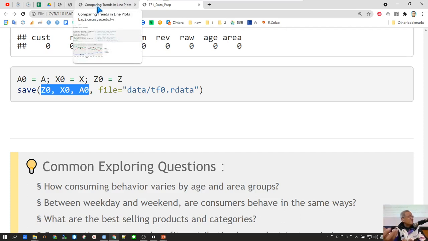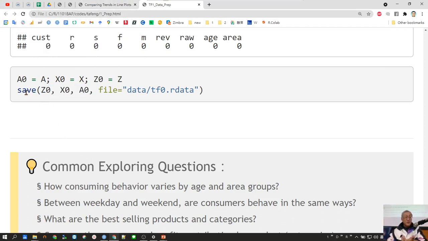Next time when you want to see this after cleanup, you simply load this saved data. So aggregate, clean up, and then save the data. This is the purpose of the first notebook.